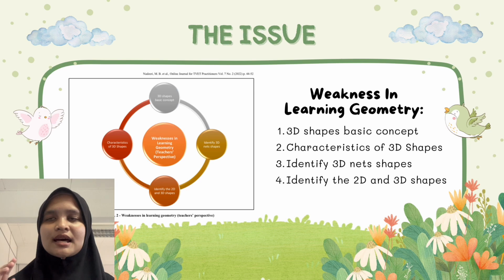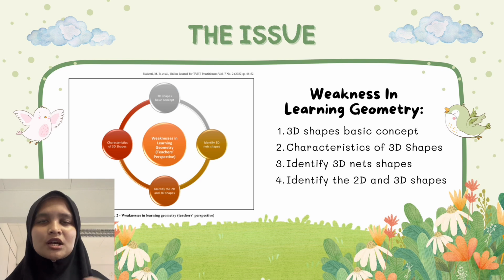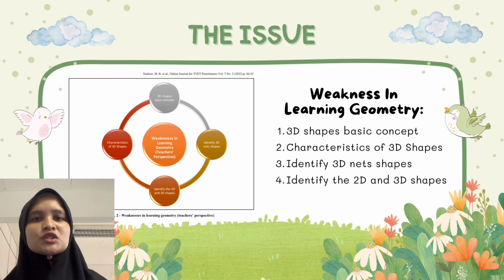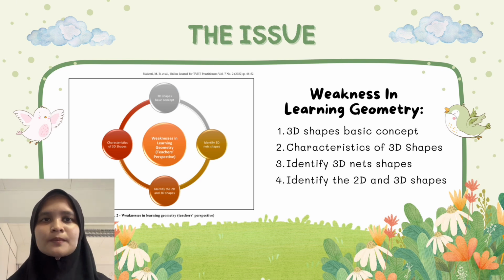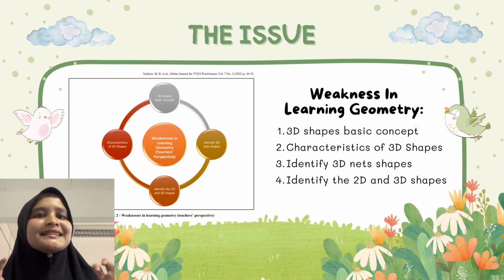The third one is identify 3D net shapes. So the students find it challenging to recognize 3D nets and how they form solid shapes. The fourth one is identify the 2D and 3D shapes. Difficulty in differentiating and understanding the relationship between 2D and 3D shapes.